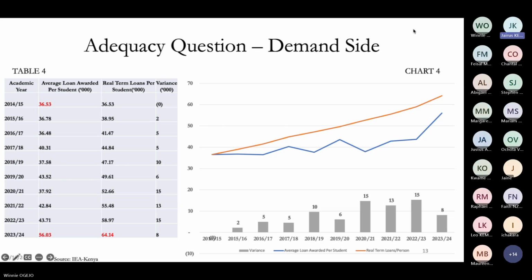I'll just make 2 points before others come in on the last question, because on the methodology we prepared on this issue of equity, mostly our question is on the cost of education and the available resources.